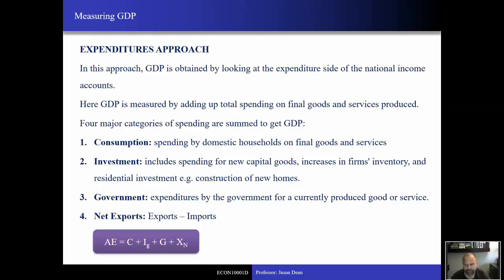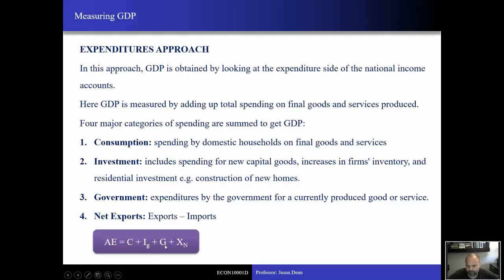We're not going to subtract off depreciation because we're interested in how much is produced. And it's possible that some of that investment in capital was to make up for depreciating capital, but we're not going to subtract that off here. So that's why we have this little G here for gross investment.